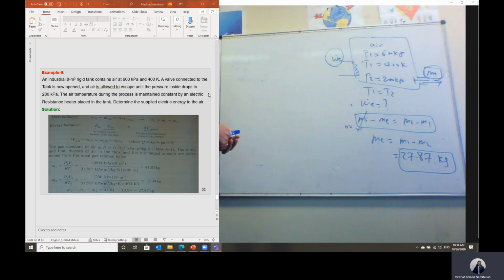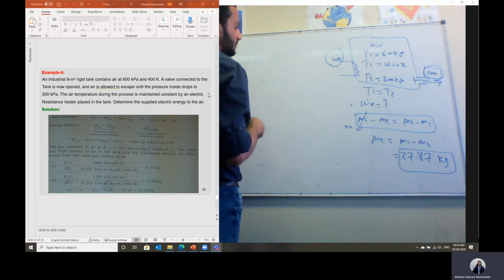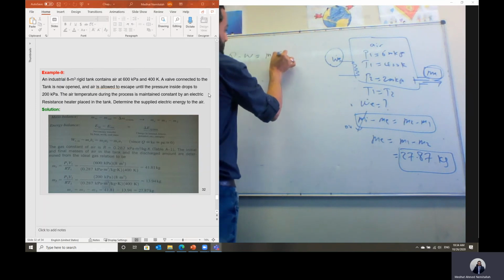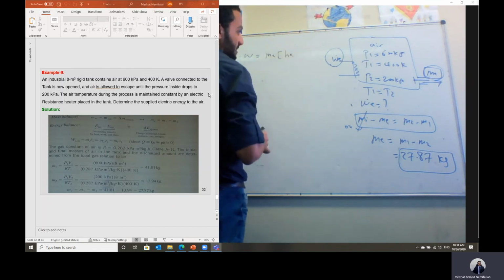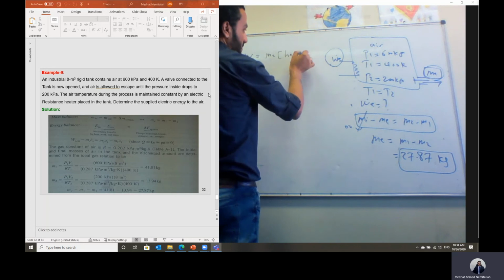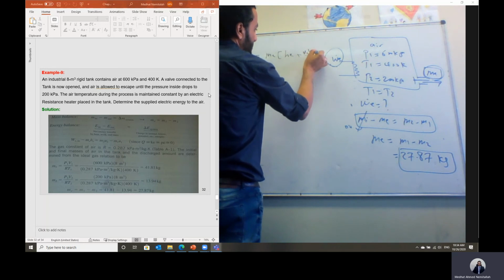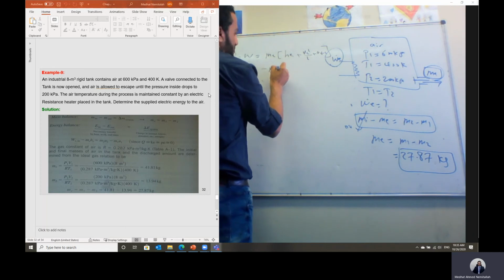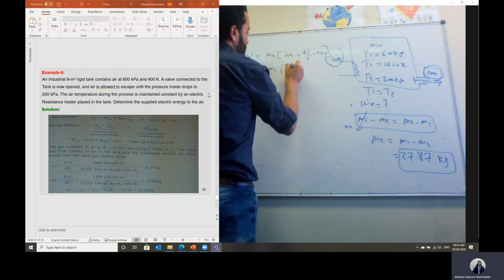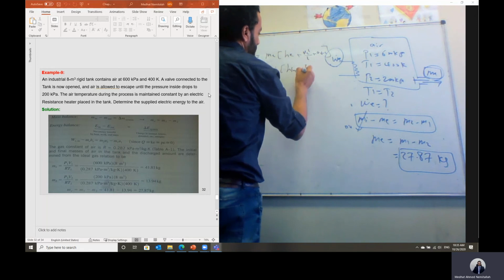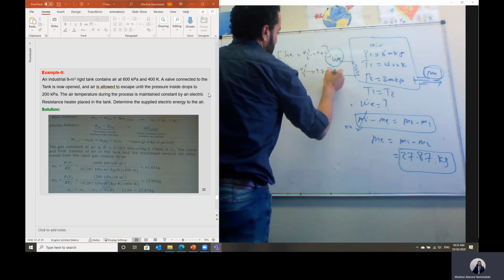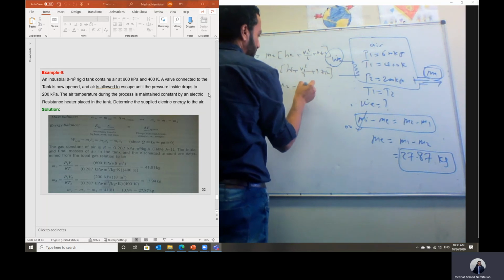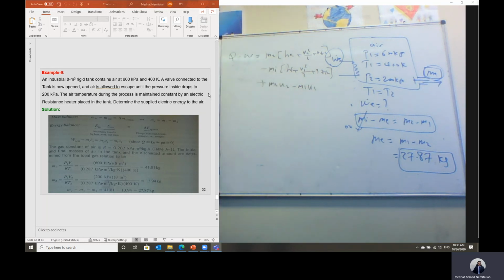The energy equation will be Q minus W equals M exit multiplied by (H exit plus V exit squared over 2 plus G Z exit) minus mass inlet multiplied by (H inlet plus V inlet squared over 2 plus G Z inlet) plus, don't forget, M2 U2 minus M1 U1 in this case.